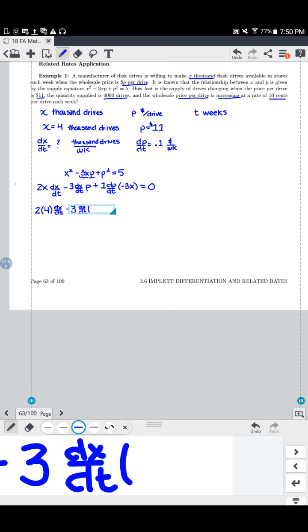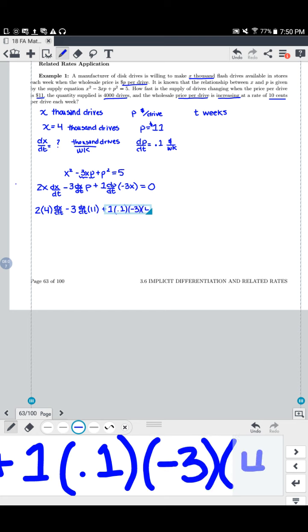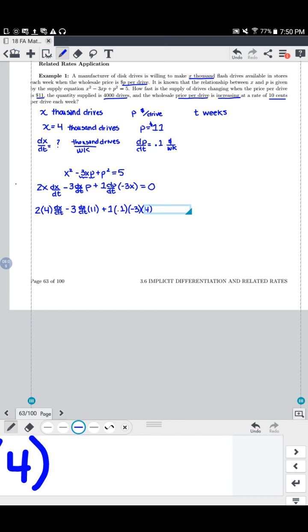Times p, my current price, is $11. Plus 1 times dp/dt. The price is changing by 0.1 because it's increasing by 10 cents. Times a negative 3 times my current x value, which is 4, equals 0. So lots of numbers to keep straight here and plug in.